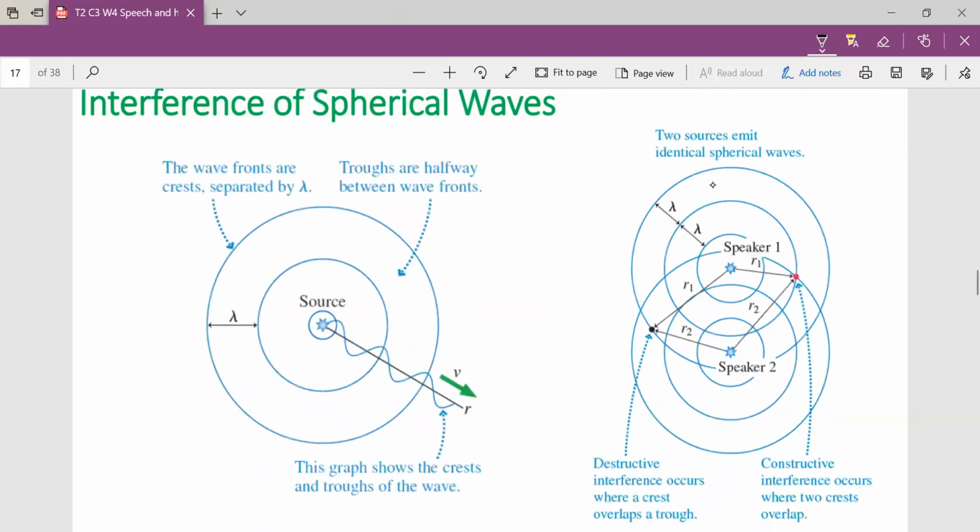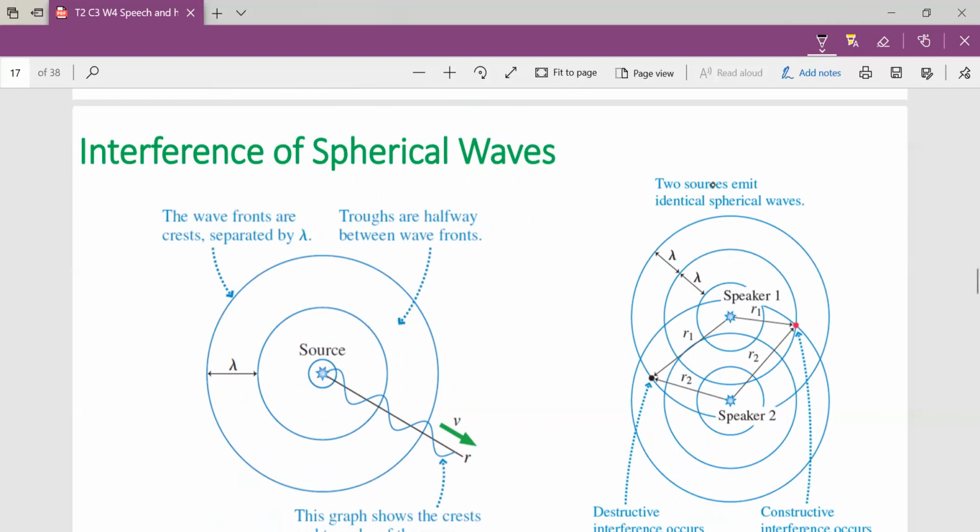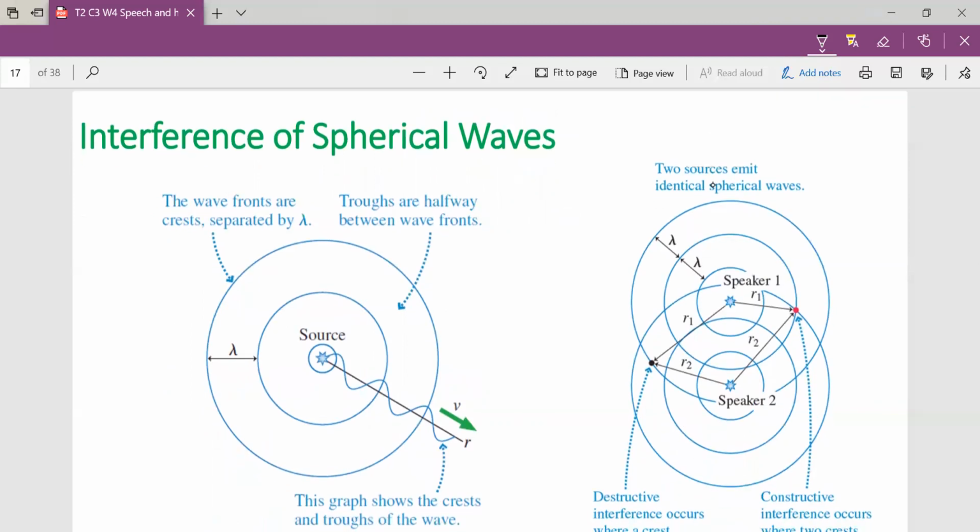What sound will you hear at this point? I can't remember if it's on Monday or Wednesday, but we've seen previously that sound from the speaker is actually a typical example of spherical wave, and the spherical wave is like this circular wave as well.